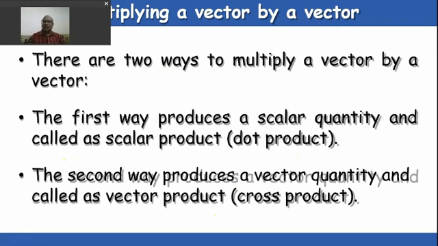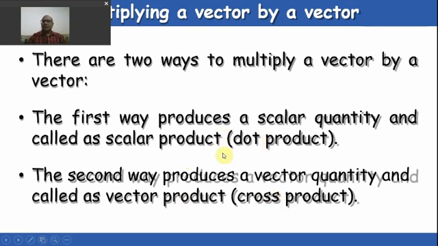The first way produces a scalar quantity, meaning the resultant of the multiplication of a vector with a vector will be a scalar quantity. That is known as a scalar product or dot product. The second way produces a vector product, and that is known as a cross product, where we multiply a vector with a vector.